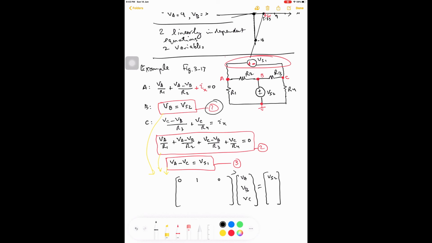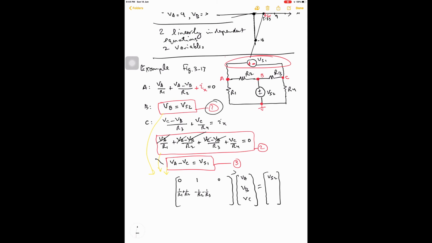Now equation 2, this equation. We have Va over here, the coefficient is 1 over R1, another Va plus 1 over R2. Now the coefficients of Vb: this is minus 1 over R2, and minus 1 over R3.